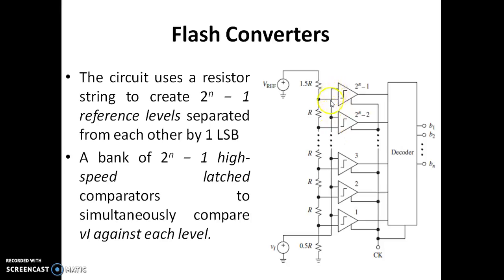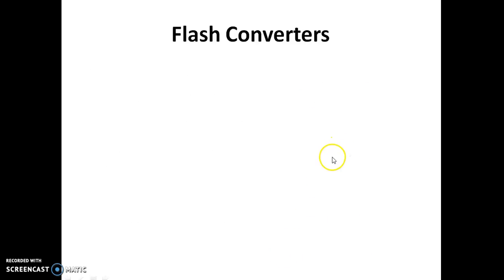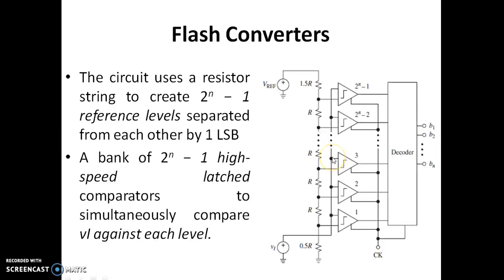One of the inputs of each comparator is taken from the input voltage. All the comparators get one input from the input voltage, and the other pin of each comparator is obtained from this network of resistors. As soon as we apply the input voltage and give the start signal, the output of each comparator will be either 0 or 1, depending on whether the input is more or the reference is more.